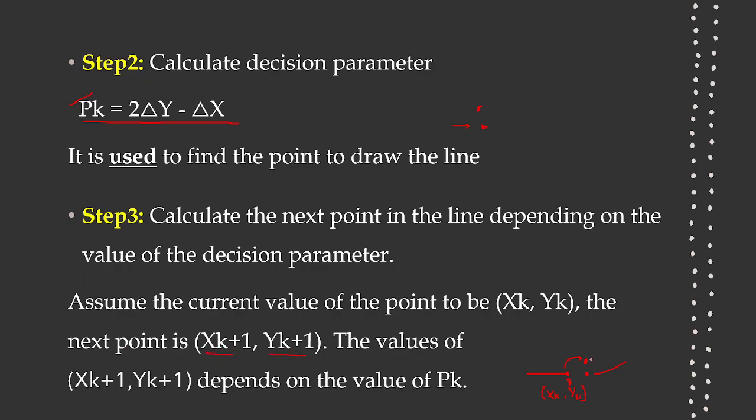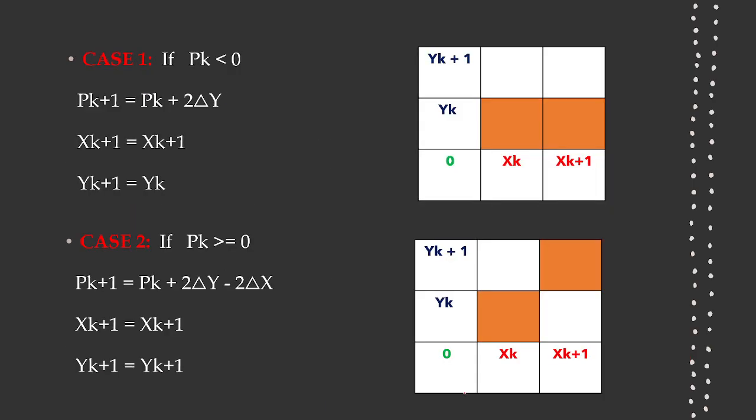It might be either this one or this one, but we'll just take it as x of k plus 1, y of k plus 1. Its value depends on the value of p of k, so we'll decide which to select based off the value of p of k.